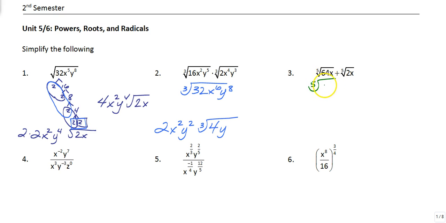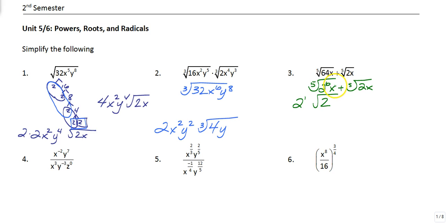This is written as the 5th root of 2 to the 6th power x plus the 5th root of 2x. Now the reason why I did that is because I know that 2 to the 6th power is 64. And just like in the previous examples, I can now ask myself, how many times does 5 go into 6? Once, so I can take out 2 to the 1st power, with a remainder of 1.